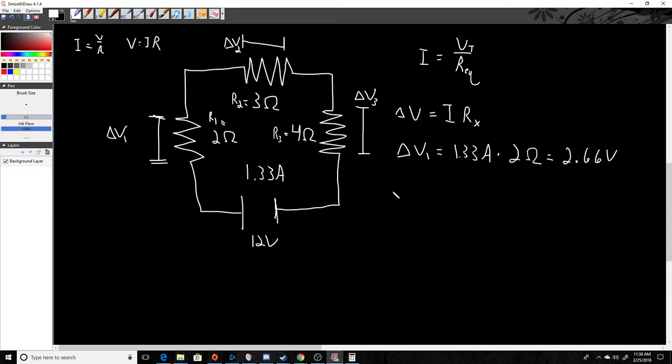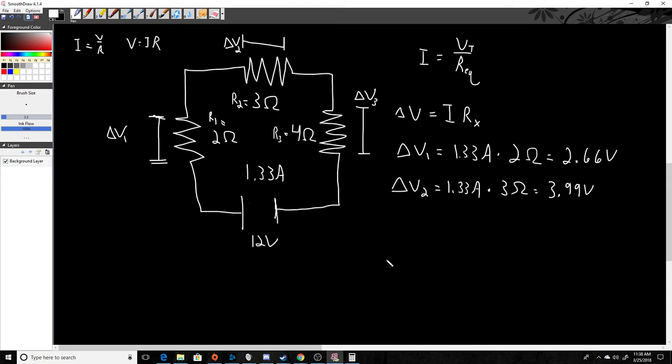Okay. So then if I want to figure out the voltage drop off as the current moves across resistor 2, the current's the same, 1.33 amps. This time my resistance was 3 ohms. And that should get me 3.99 volts, right? We're doing good.